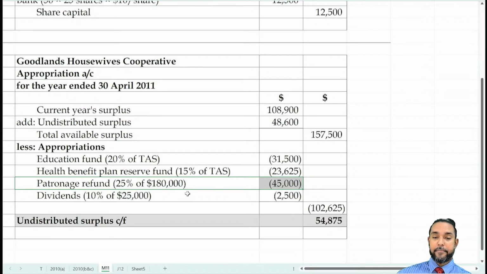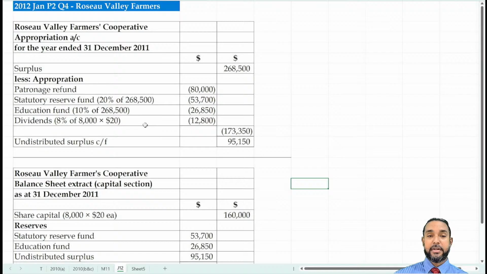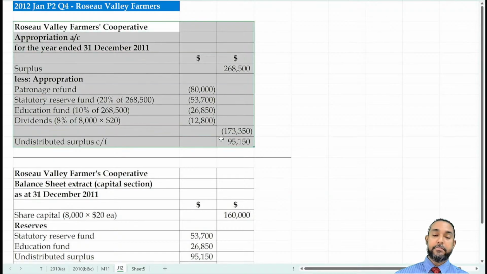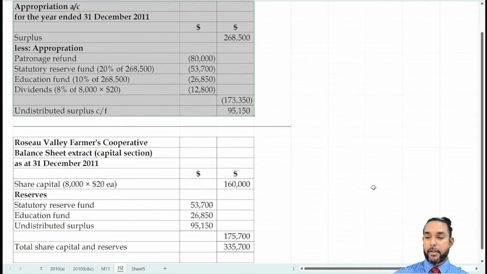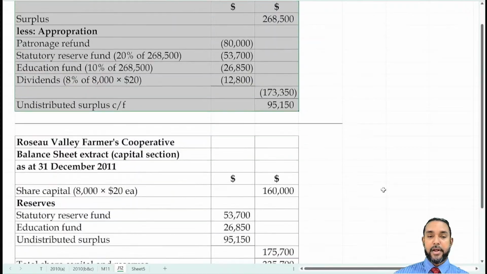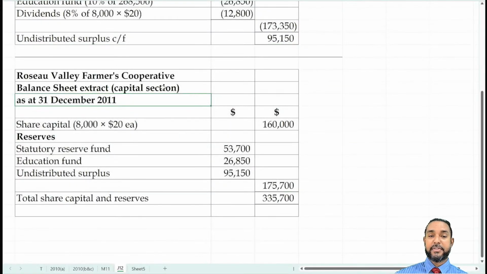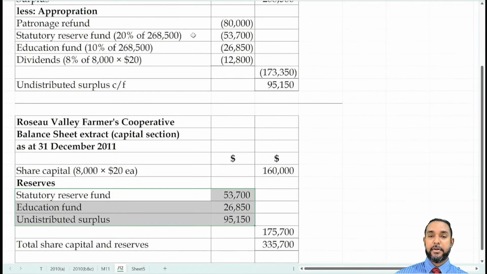No problem. And then the dividends were based on a percentage of share capital as opposed to available surplus. So we then did a third appropriation account. Well, technically it would have been your second because the first one I would have done for you as an example. And then we had a bit of an extract of the capital section. So we have the share capital, we have the reserves. These balances were kind of pulled from here, 53.7, 26.850, which is actually half of that.